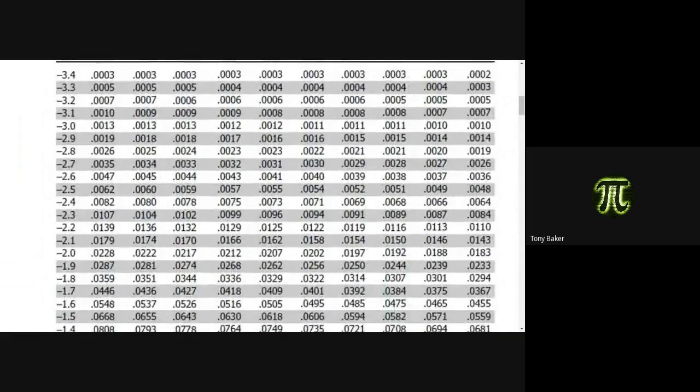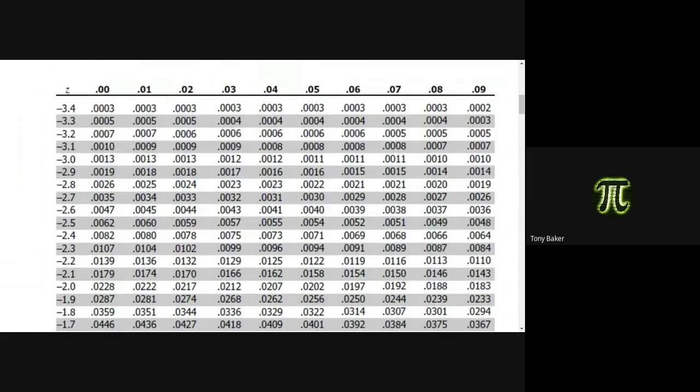So 0.01 is 2.33, because 0.0099 is closer than 0.0102. So negative or positive 2.33 is going to be my critical value.